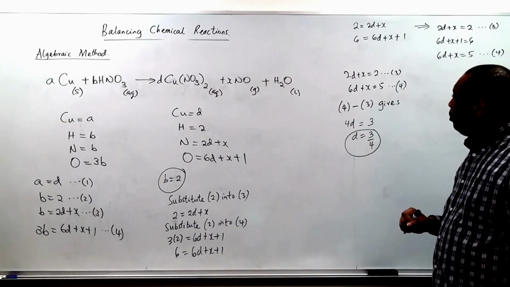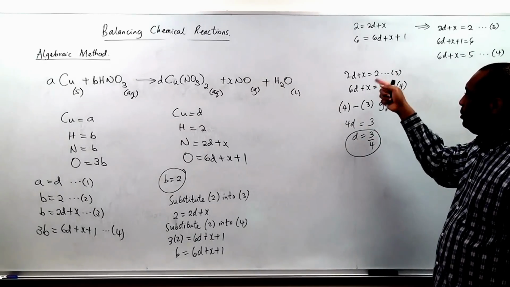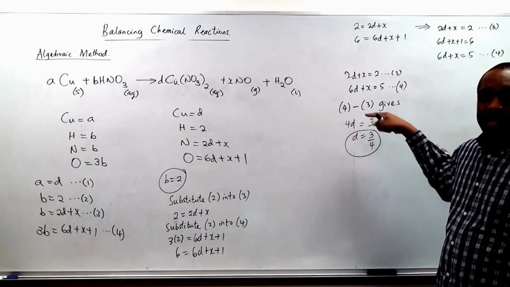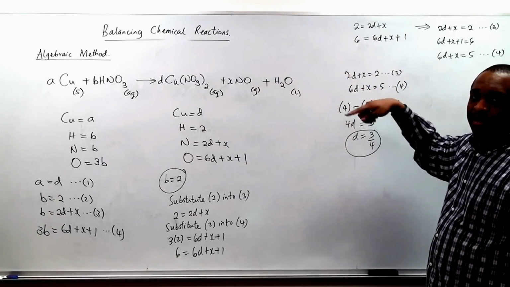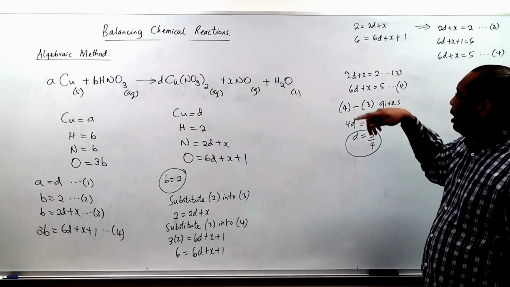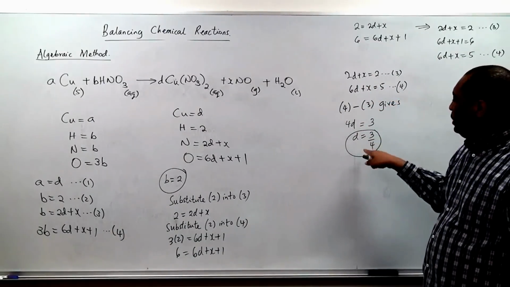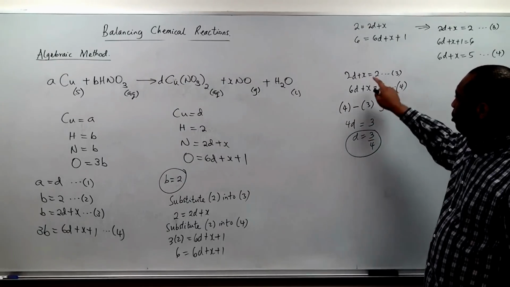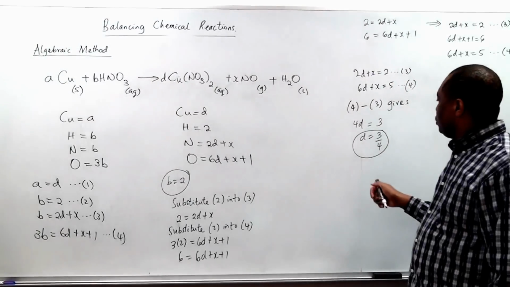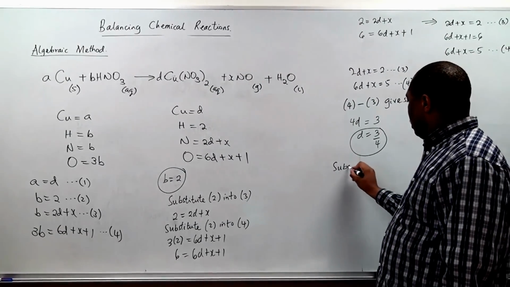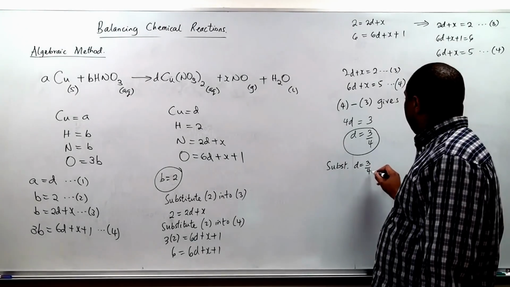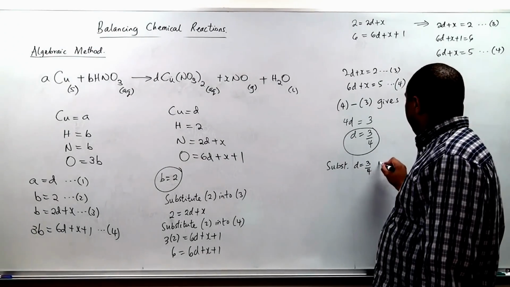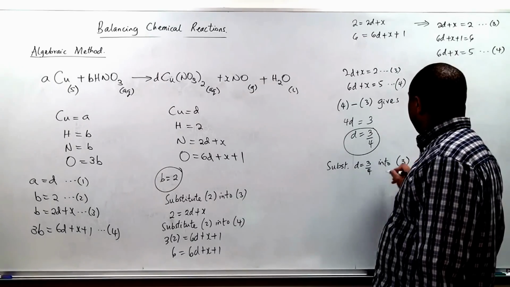Okay? So let's find our X now. We can find X using, now what I did was elimination. So I can also try another elimination, but I don't want to. I want to just use substitution since we found D. So go ahead and substitute D equal to 3 over 4 into equation 3.